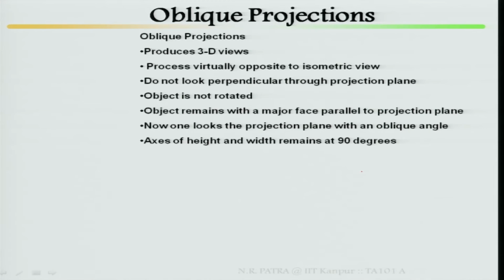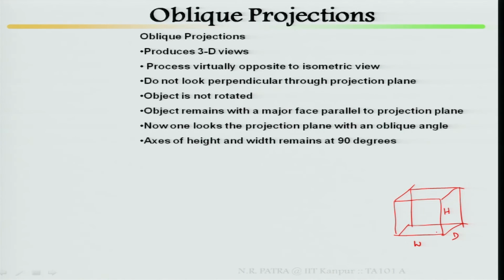Remember here, the axes of height and width remain 90 degree, not in depth. If I am taking this object like this, this is my width, this is your height and this is your depth.